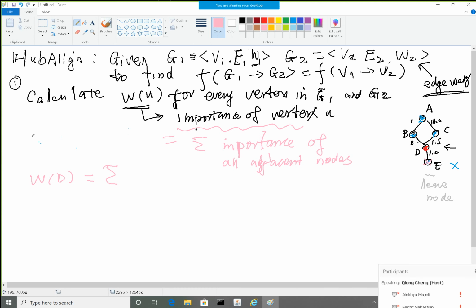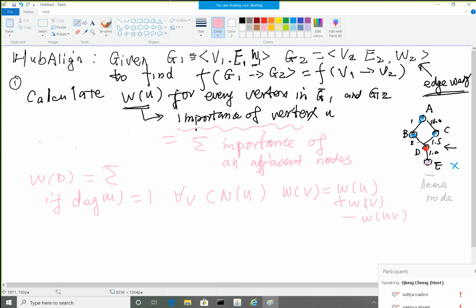So we say that if the degree is equal to 1 for u, and for any v belonging to the neighbors of u, then we set the weight of v equal to W_u plus W_v plus W_uv.